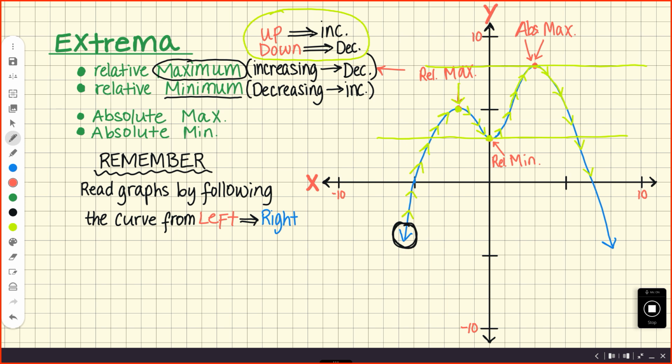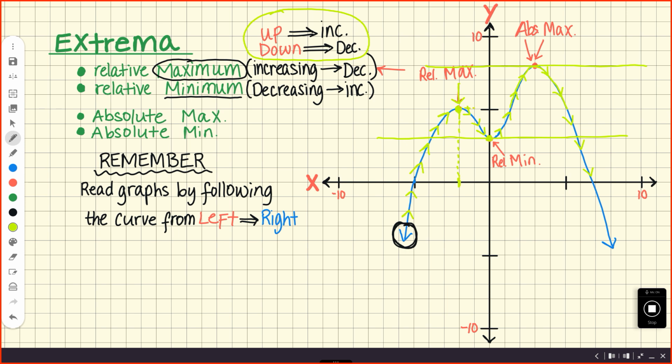Now, in your assignment, you're going to be asked to find the x coordinate. Other assignments require you to find the coordinates of your extrema. So what we do there is what you've done for a while now. At the relative maximum, I'm going to go down to my x and see what value I have there.